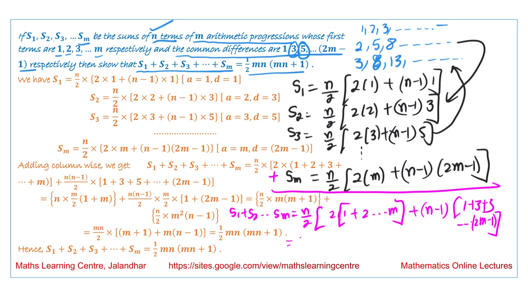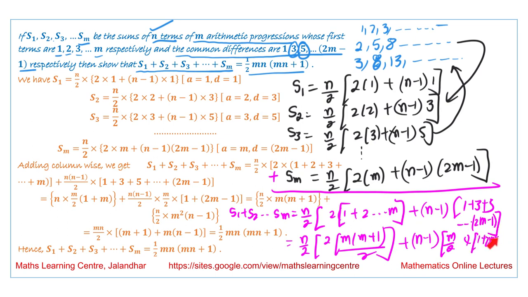Now this is equal to n by 2 into (2 into m(m plus 1) by 2 plus (n minus 1) into the sum of the odd terms that we have. The sum of these odd terms is m by 2 into (1 plus 2m minus 1), which is m plus 2m minus 1, that is, m squared.